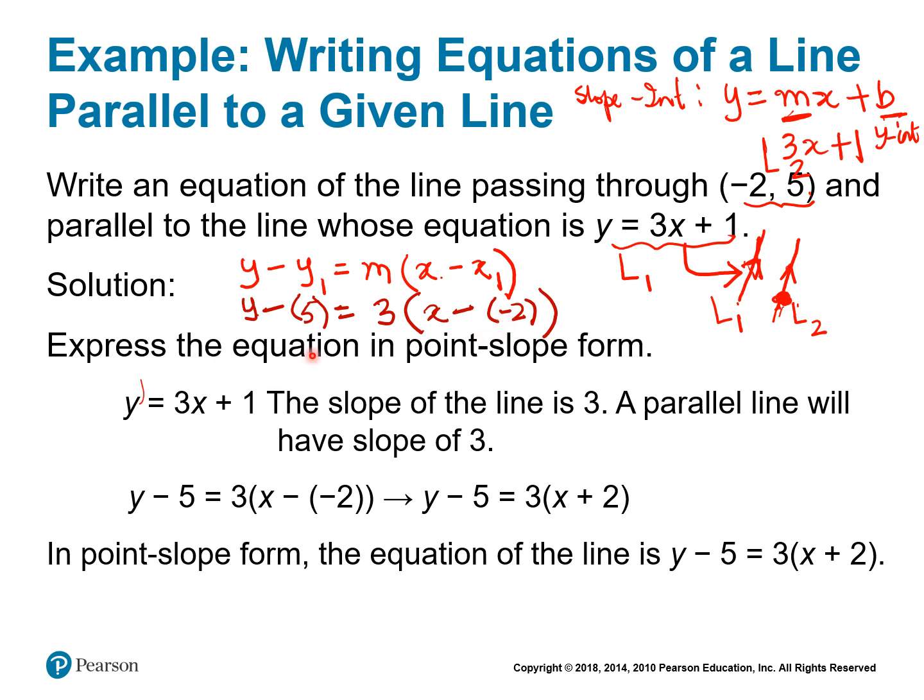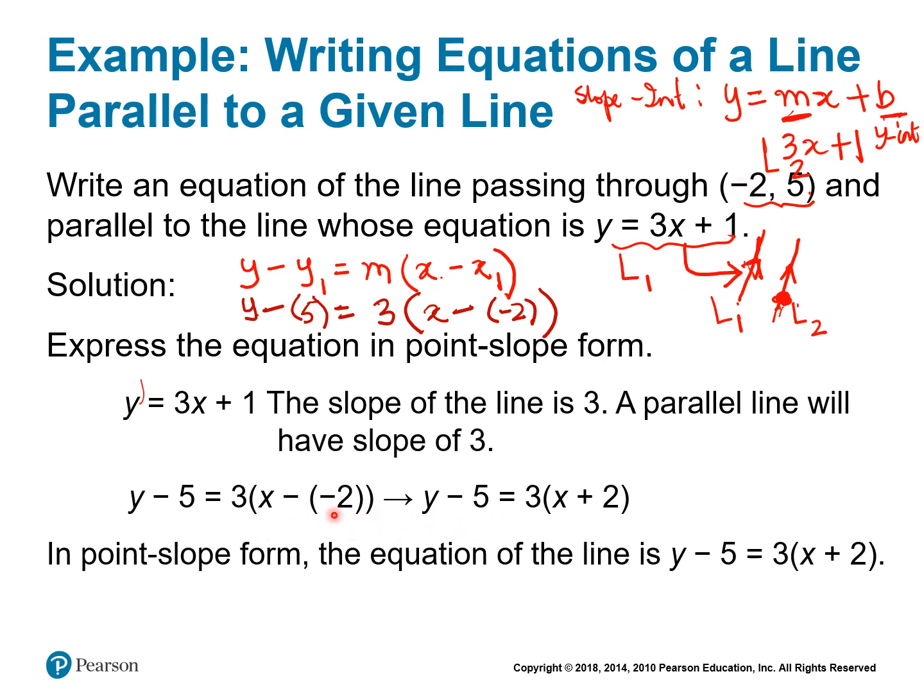All right, so let's see how they have worked this. It says express the equation in point slope form. Y equals 3x plus 1. The slope of the line is 3. A parallel line will also have slope of 3. And then they plug in the coordinates of the given point into the point slope form. So y minus 5 equals 3 times x minus, and they too have surrounded this in brackets, minus 2, which is the x coordinate given to us.